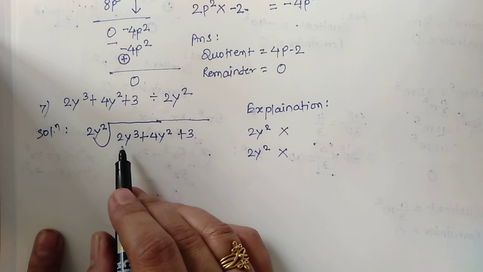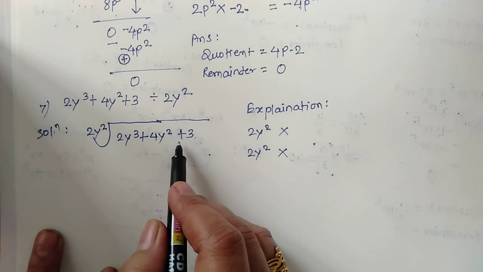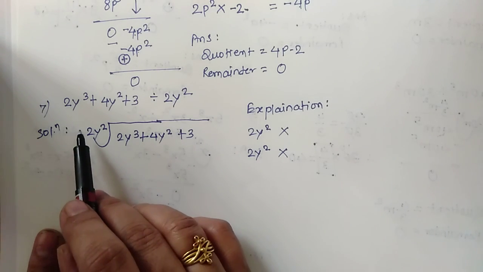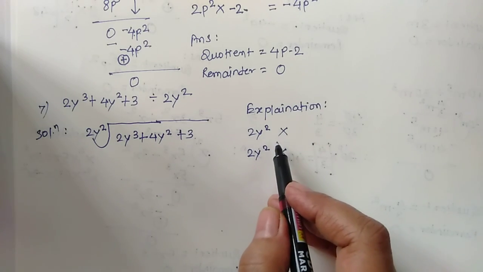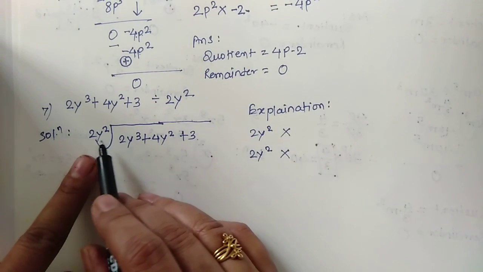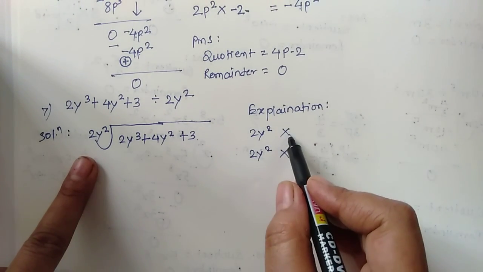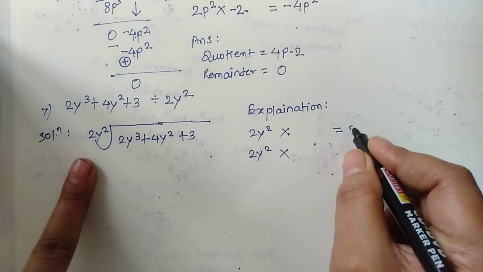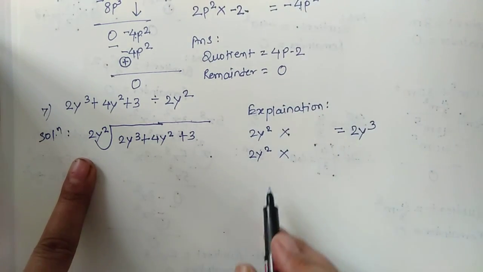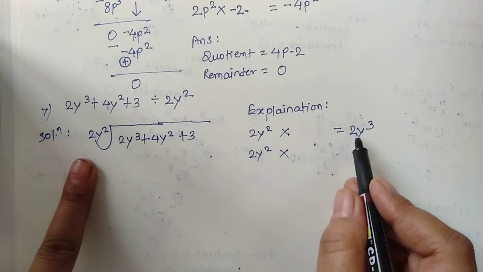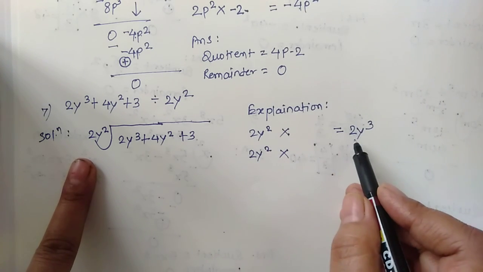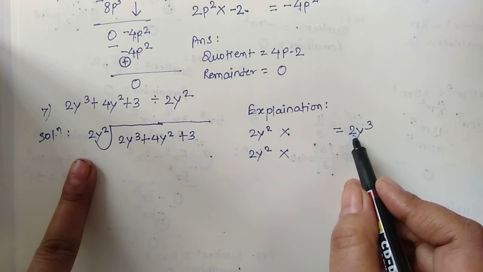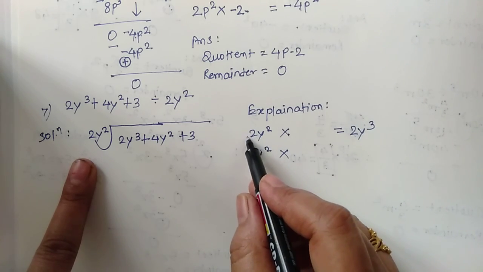Now see the next question. Twice y cube plus 4y square plus 3 divided by twice y square. So find out the multiplier of twice y square. In this way we get the twice y cube. So here in the dividend the coefficient is 2 and in the divisor coefficient is 2.